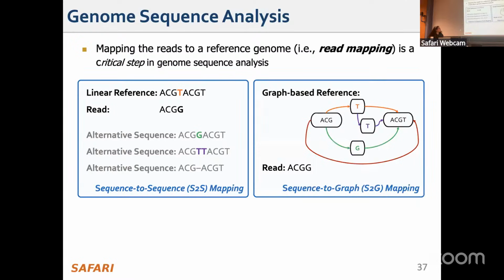What many people have been looking into is graph-based reference genomes, to enable sequence-to-graph aligners and sequence-to-graph analysis for a more accurate and fair type of analysis.